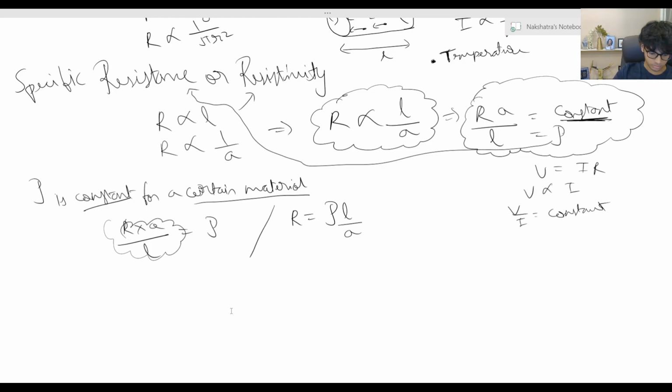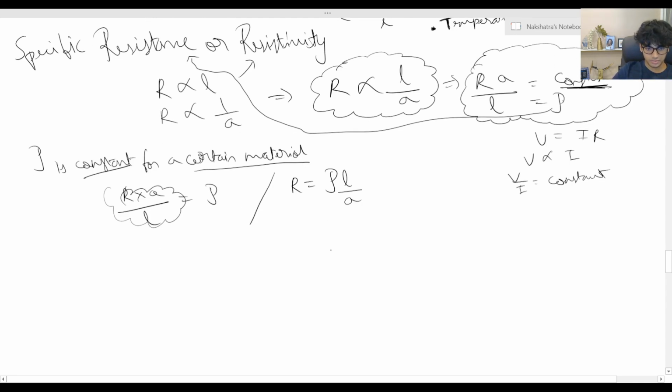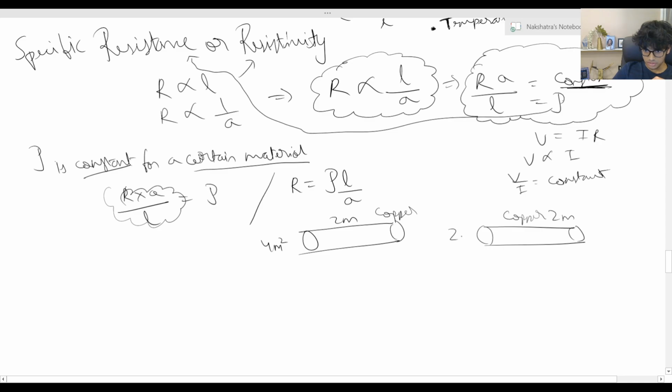Okay, so if I have two copper conductors, है ना, this one is of length 2 meters, and has an area of cross section of 4 meter square, and now I have another conductor of copper, and I say this one has a length of 2 meters and an area of cross section of 2 meter square.